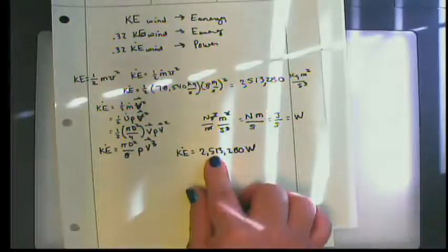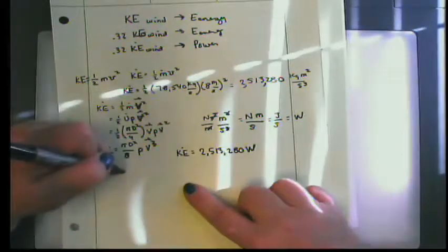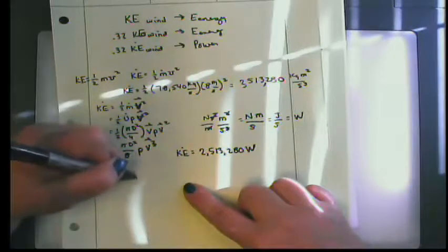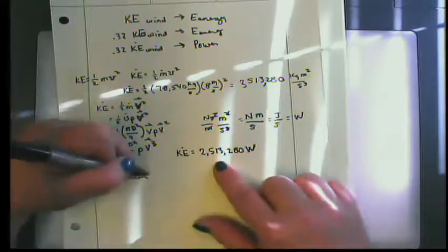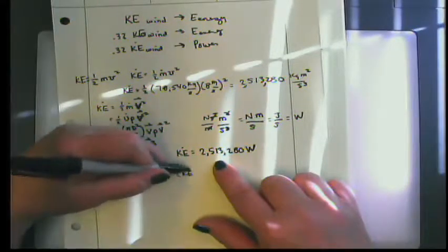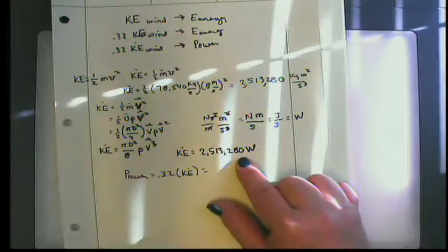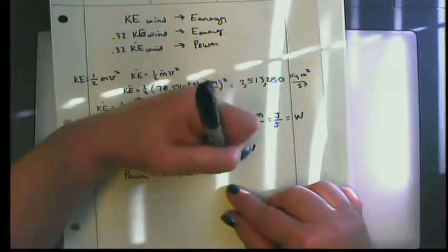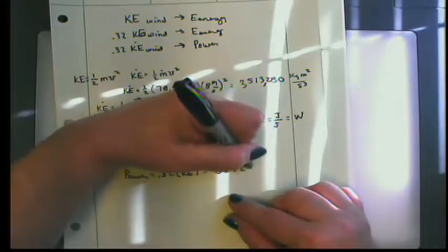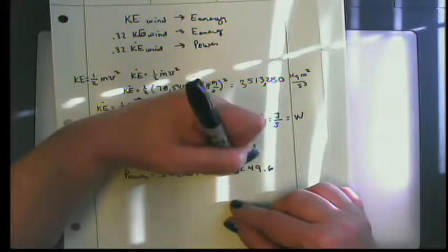Now, the turbine is only 32% efficient, so to get the power, I will have to multiply that by 0.32. So that number multiplied by 0.32 is 804,249.6 watts.